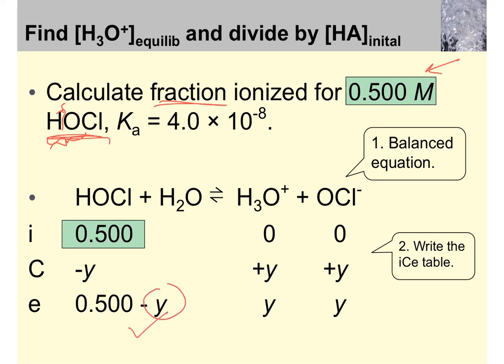And so you start it the same way, but remember what we're looking for is the fraction ionized, which would be concentration of hydronium ion over the original concentration. Now, original concentration of hypochlorous acid, not the equilibrium, that's the original.